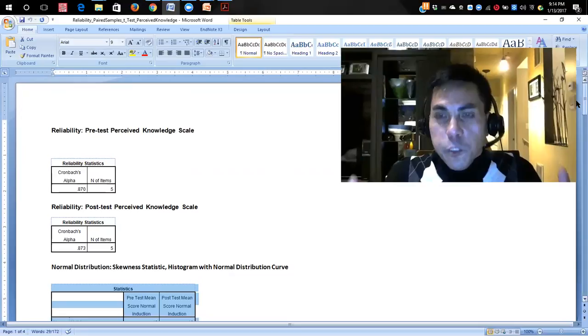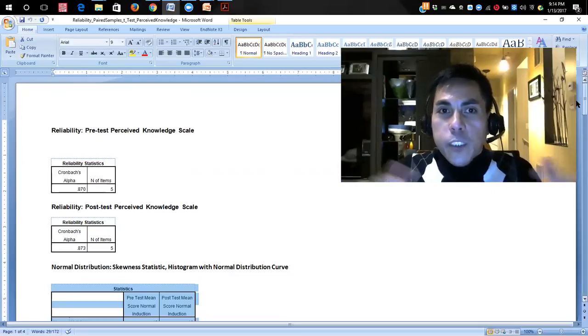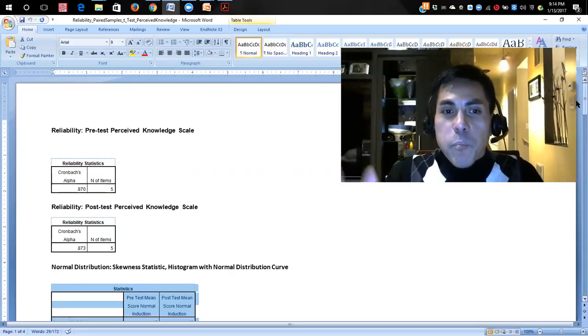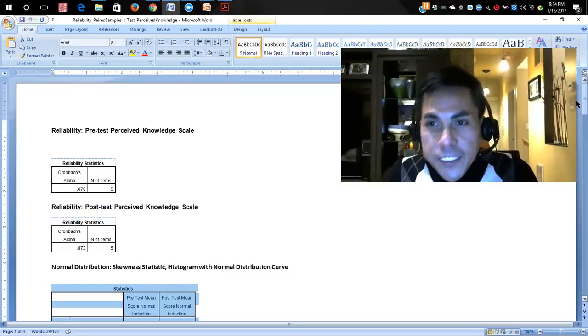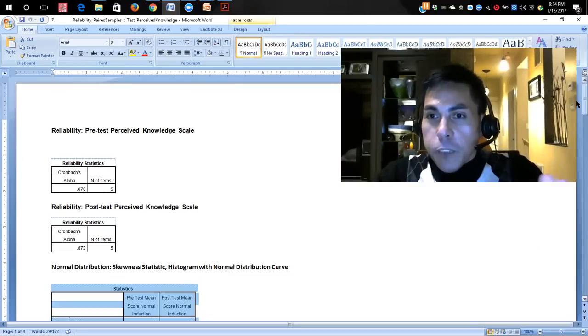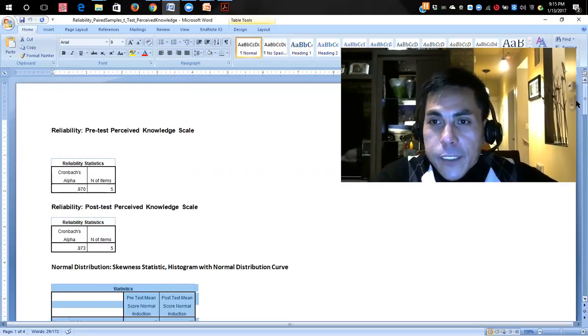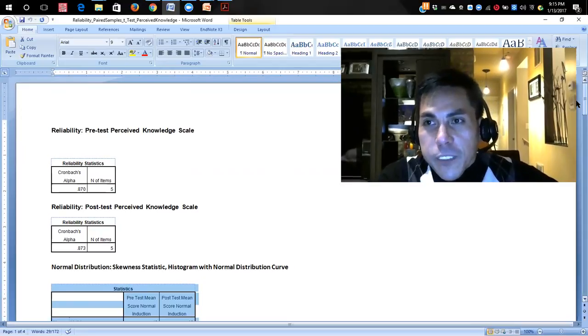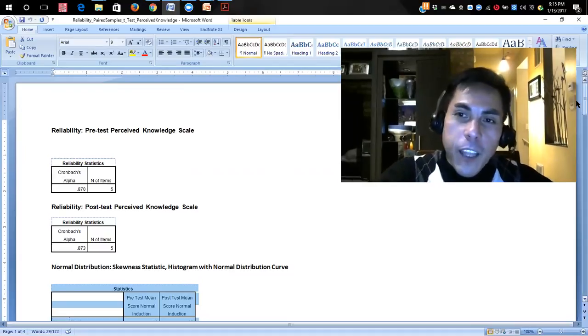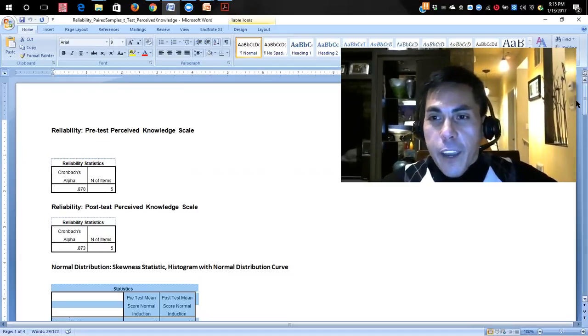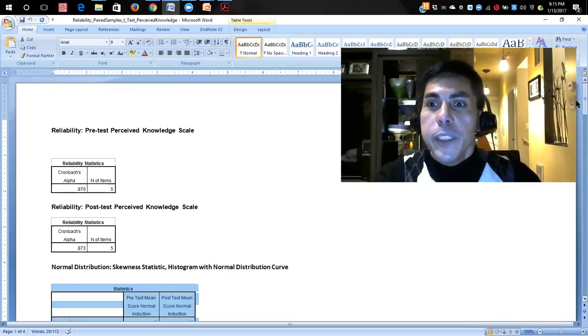We need to control, and we need to always clean our data, but it doesn't mean we hide them. We make two sets of statistical analysis, removing the outliers and not removing the outliers, and see what happened to the statistical significance of your experiment.